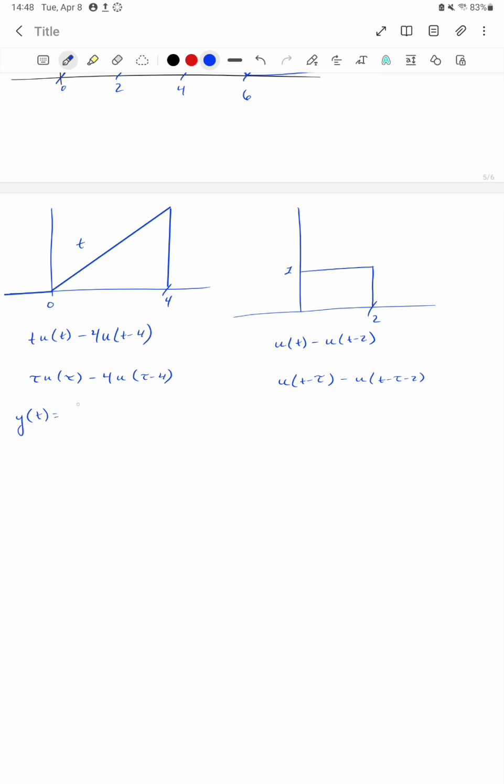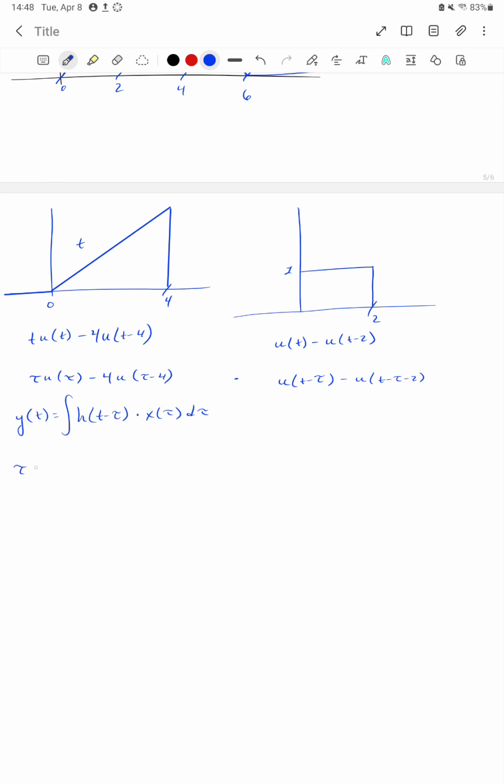This y of t is equal to the integral of h of t minus tau times x of tau d tau. So writing this whole thing out, I'm just going to do the FOIL, because you're just multiplying these two equations.